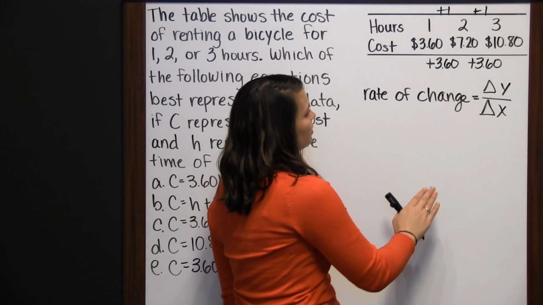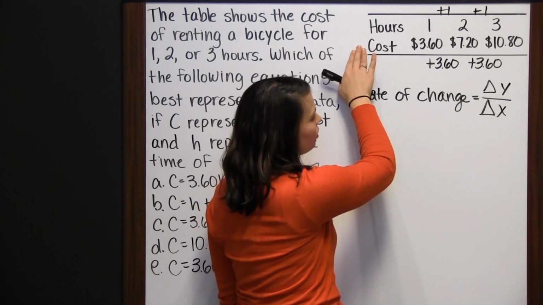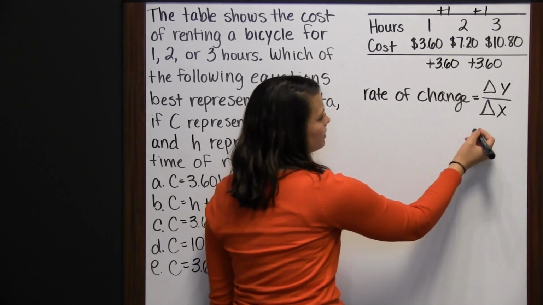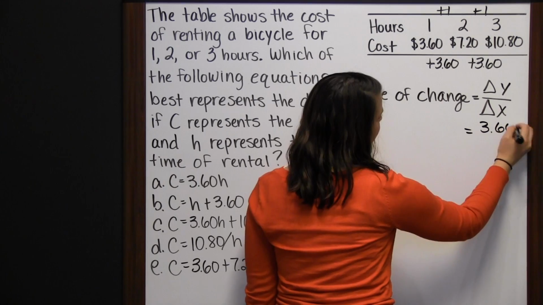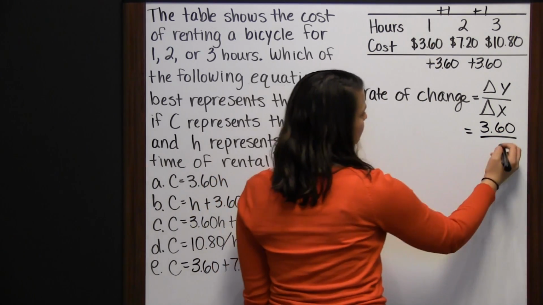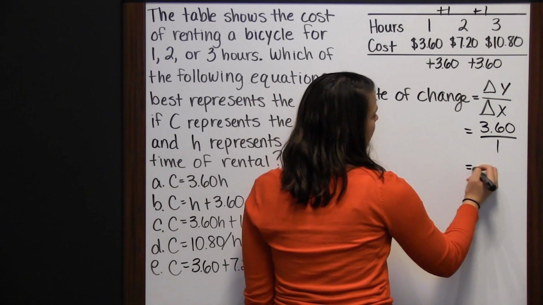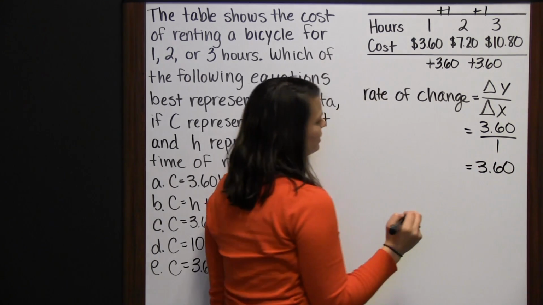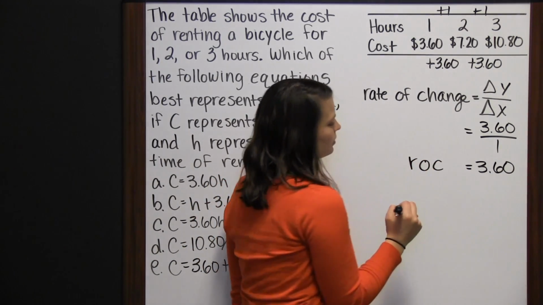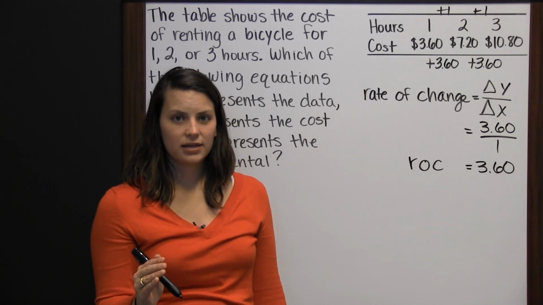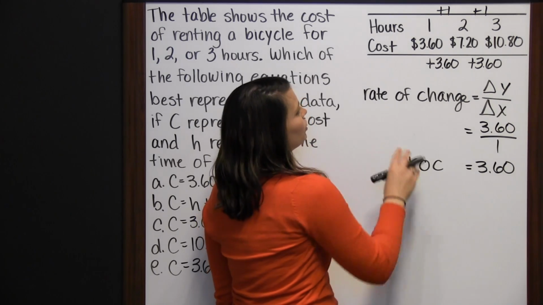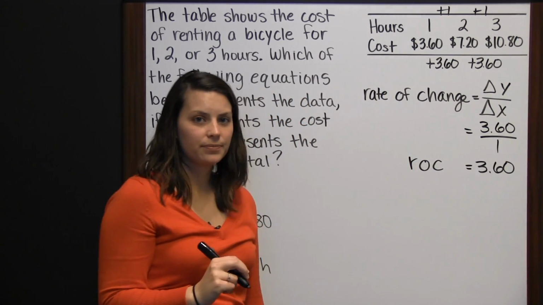And we've already established that our cost is dependent, therefore our cost is our Y. And we've already found the change in Y, it's $3.60, divided by the change in X, 1. So our rate of change is simply $3.60. And that rate of change is what you're multiplying the independent variable by to get the dependent variable.